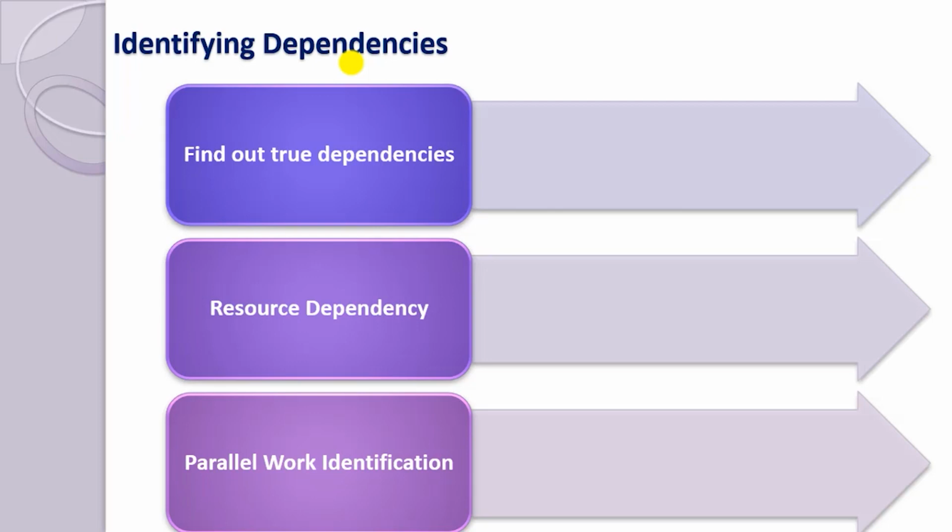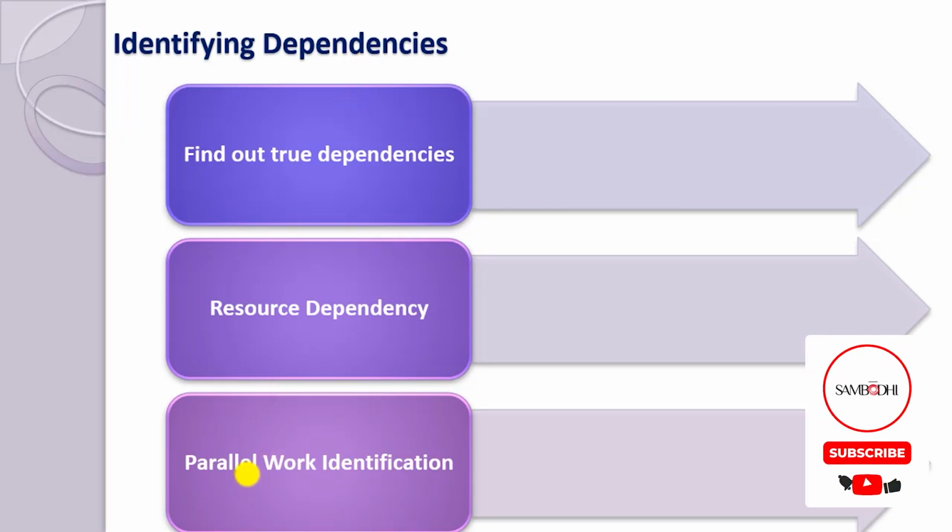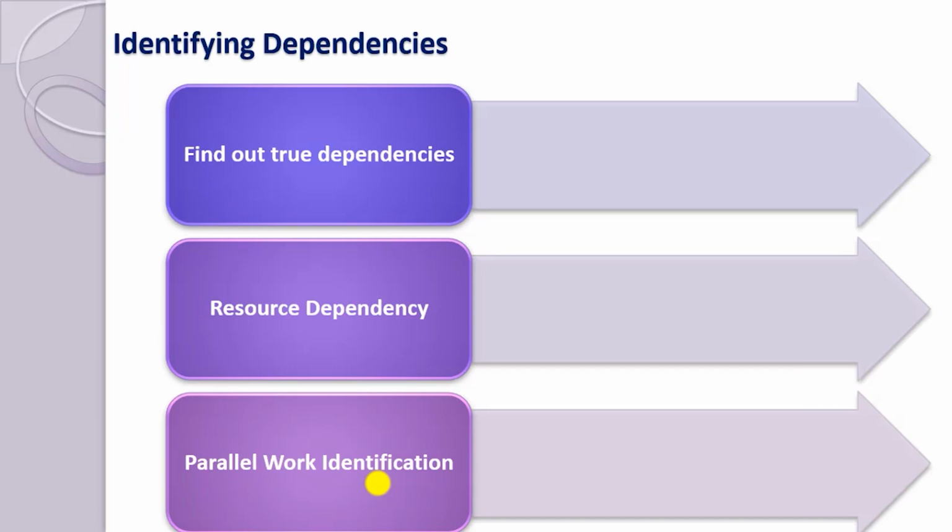Because before the overall design is completed, or else you need to kind of redesign the whole thing. And when we talk about parallel work identification, I can give you an example from large projects, for example, redesigning the framework of an ERP in new technology.